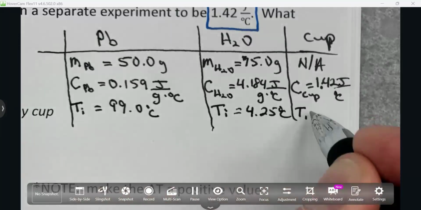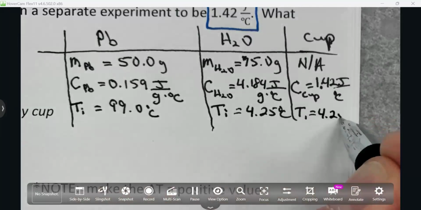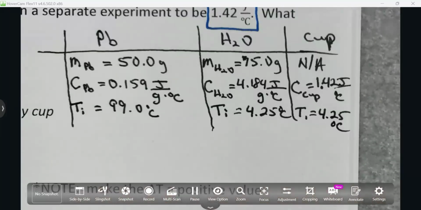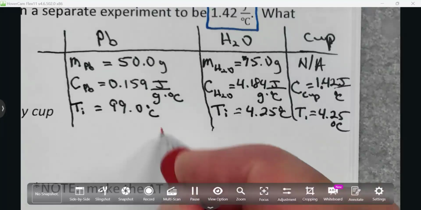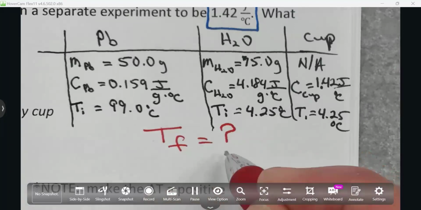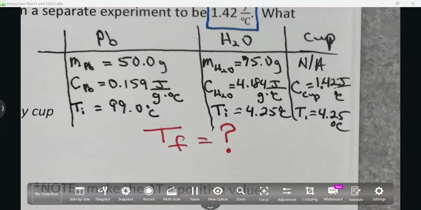And my initial temperature of my cup is 4.25. We're looking for T final of all of these, right? T final.